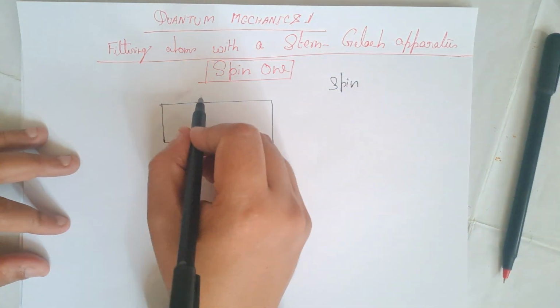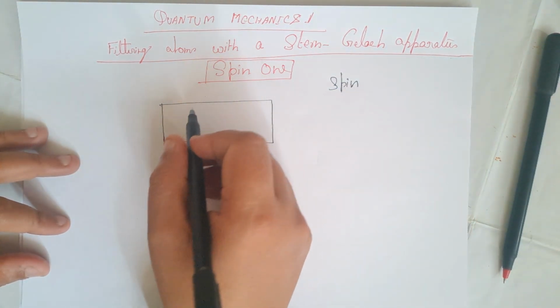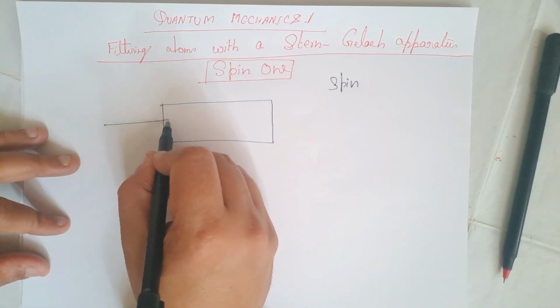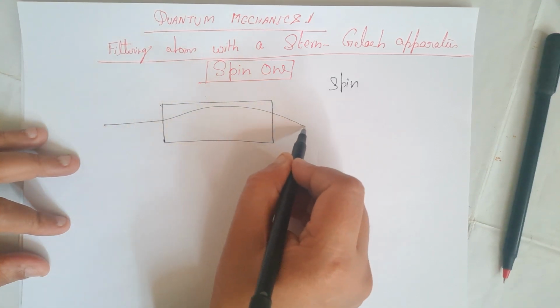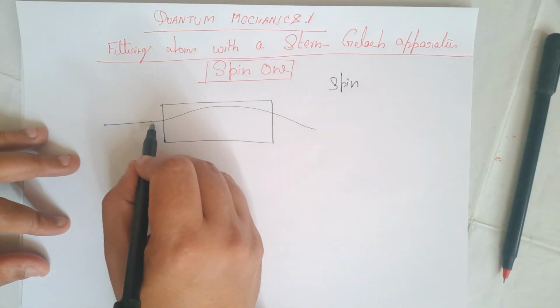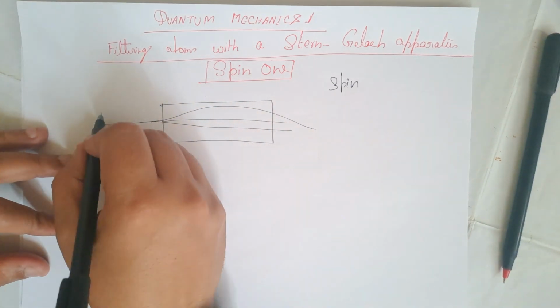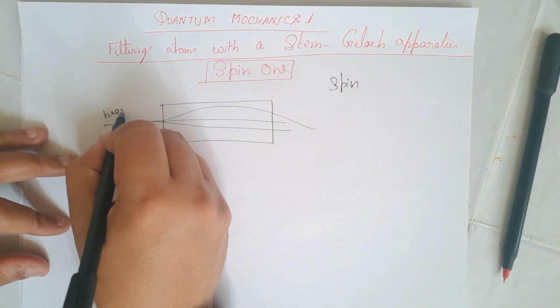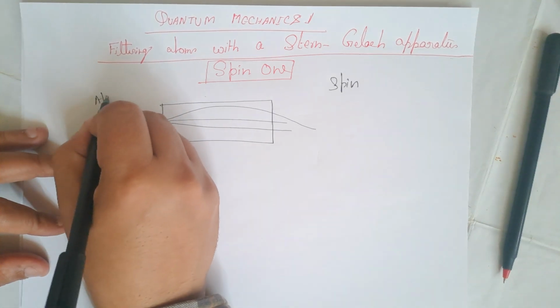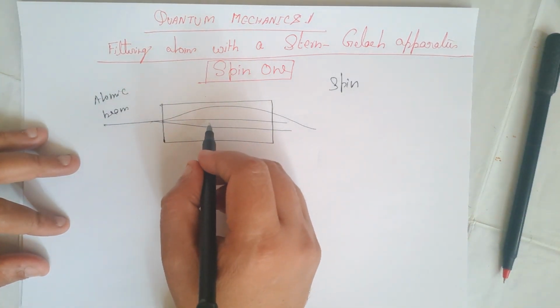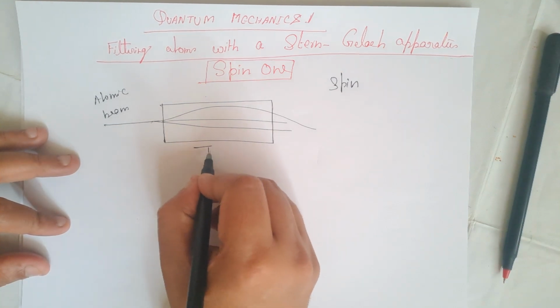So this is the Stern-Gerlach apparatus, and it can split an atomic beam into 3 beams.